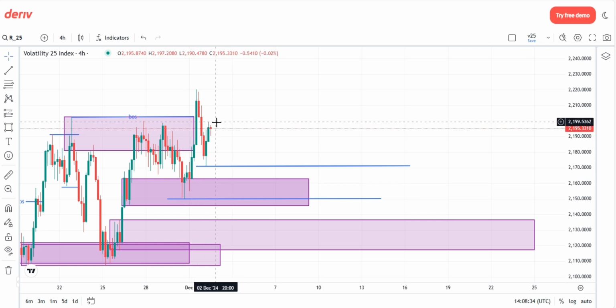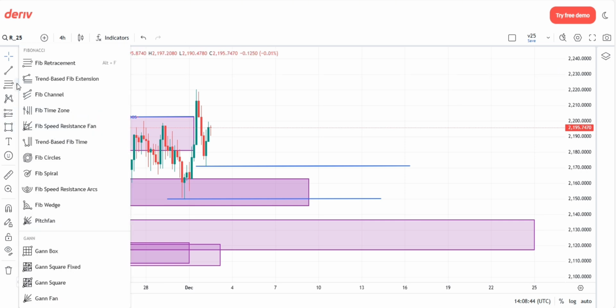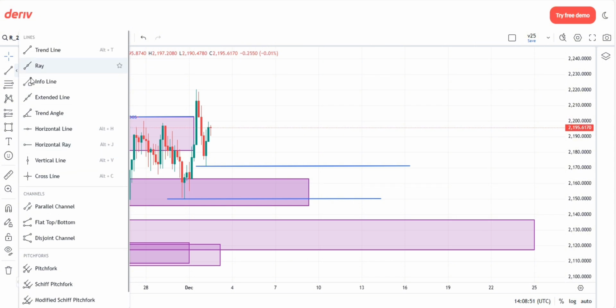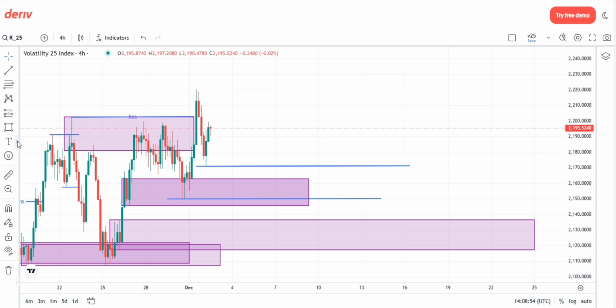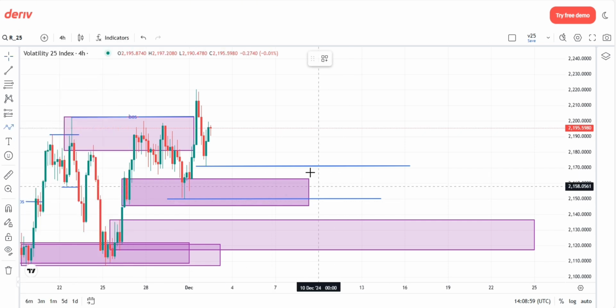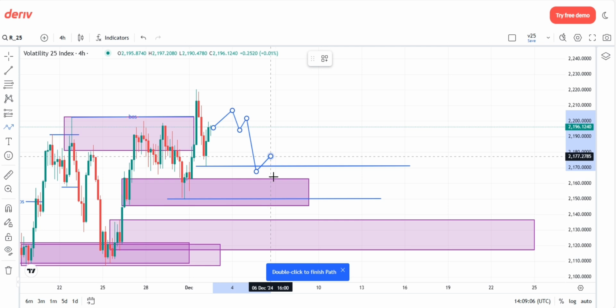But at this moment, I'm seeing something like a small consolidation here, and the market moves down. Let me find something that can help me. So I'm thinking something like this.